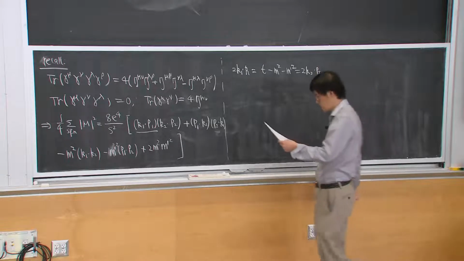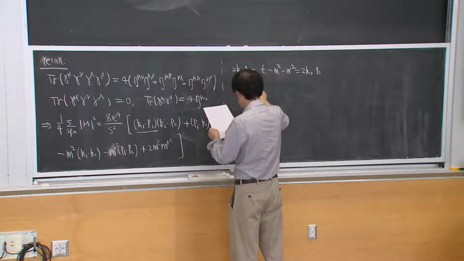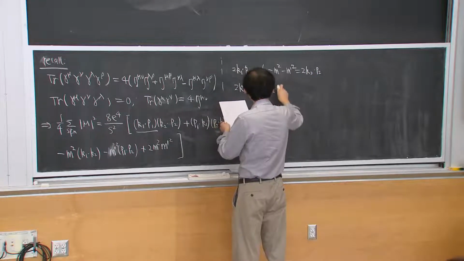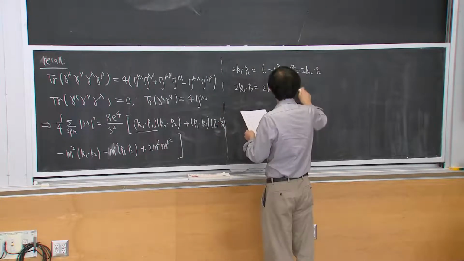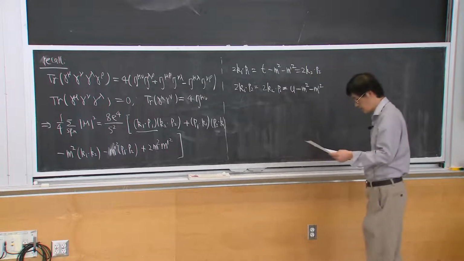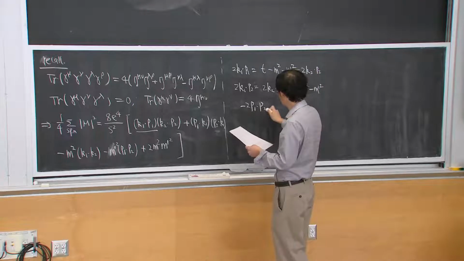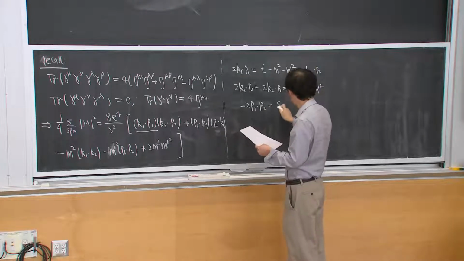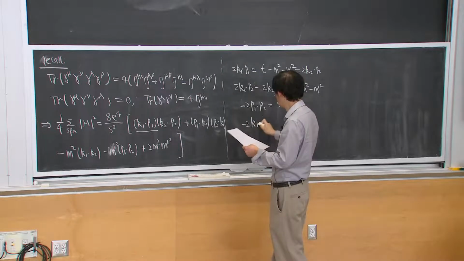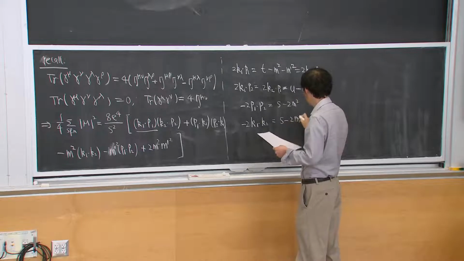And 2K1 dot P2 is equal to 2K2 dot P1, which is equal to U minus m square minus m prime square. And then for the initial momenta, 2P1 dot P2 is S minus 2m square, and 2K1 dot K2 is S minus 2m prime square.